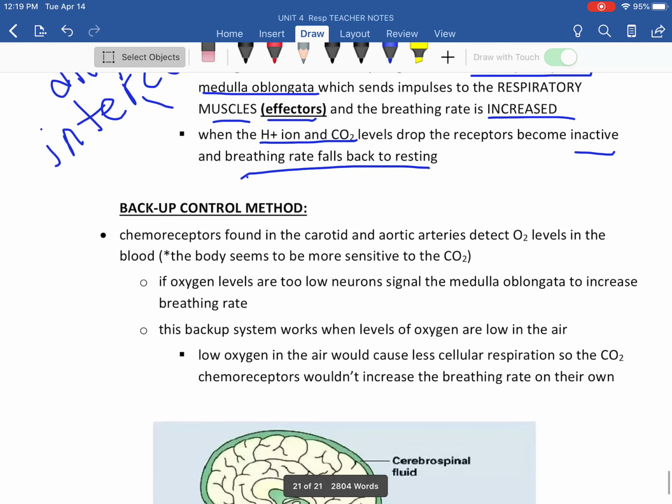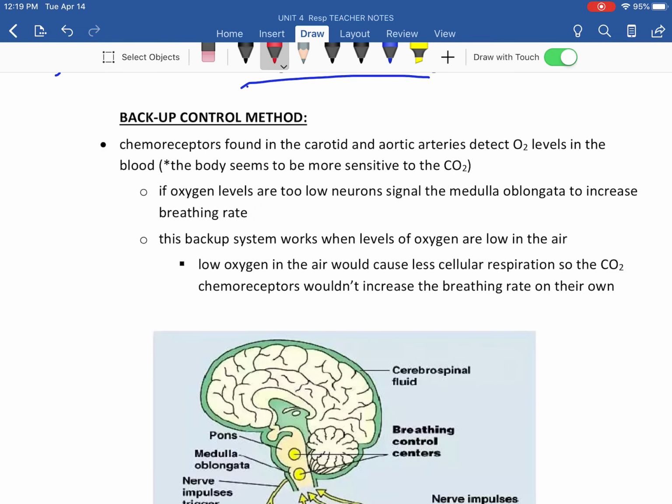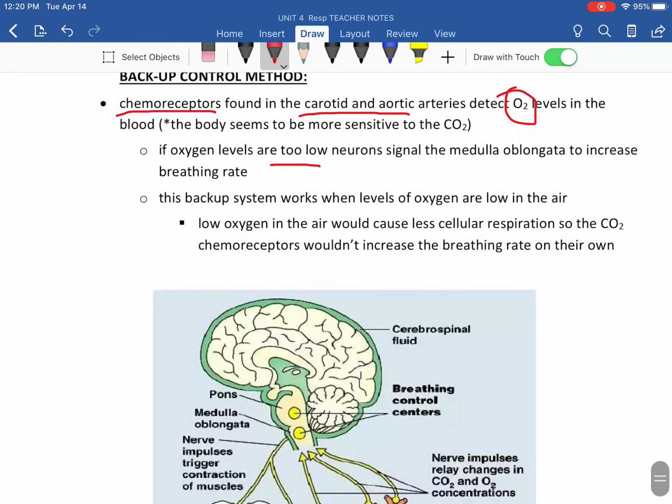Okay. Now, like I said before, there's a backup that is responsible for detecting oxygen. So there's actually also another set of receptors, chemoreceptors, in the carotid and aortic arteries. So those are just around our heart. They are going to be sensing oxygen levels in the blood. So if those are too low, neurons are going to send that signal to the medulla oblongata as well, acting as the control center.